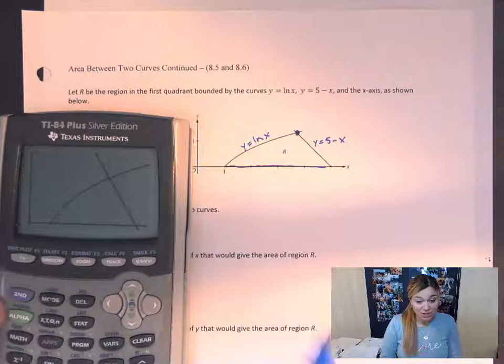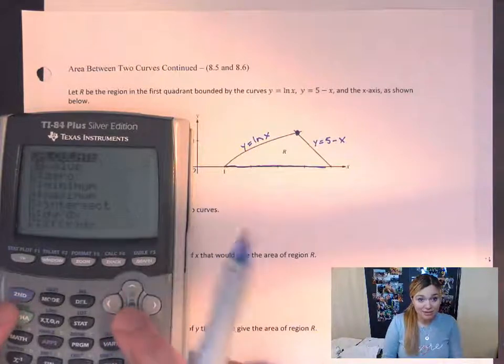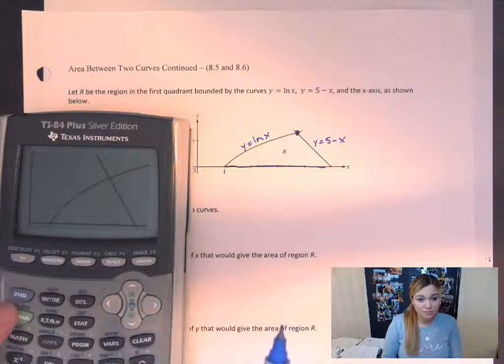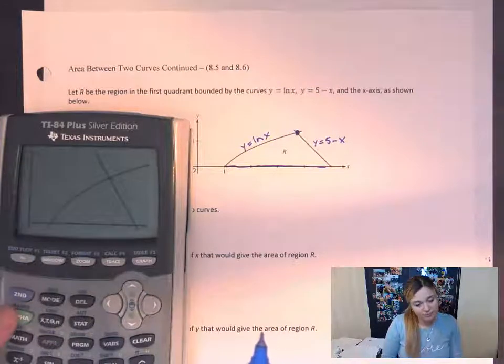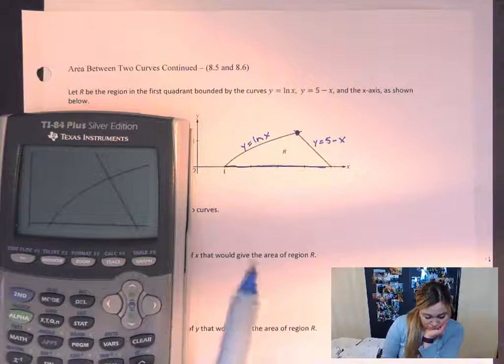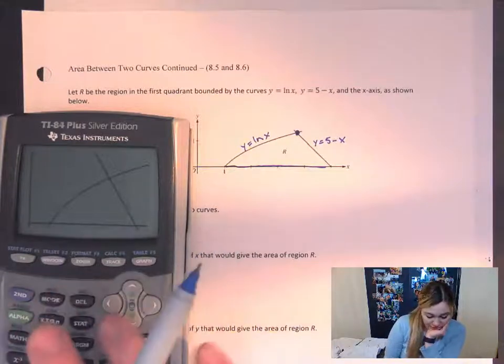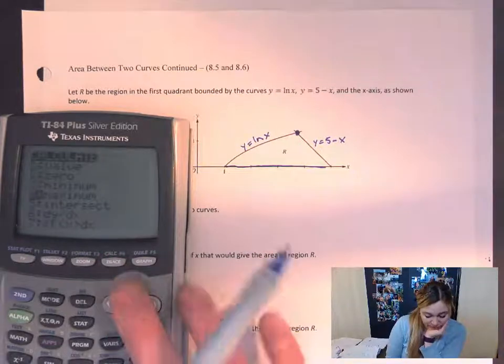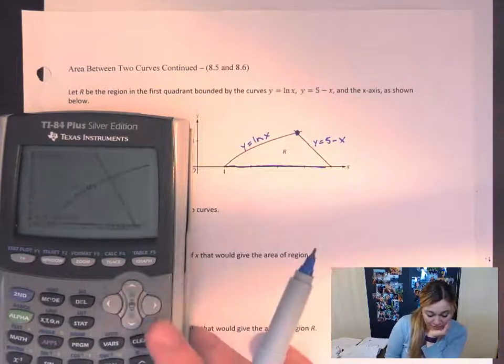To find the intersection, I'm going to say second, calculate, intersect. Then I'm going to wait because it's going to think about it. Second, calculate, intersect, and I'm going to be more patient this time. Enter.